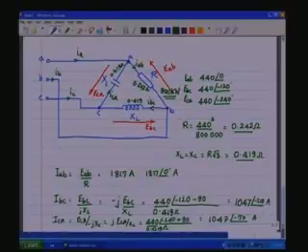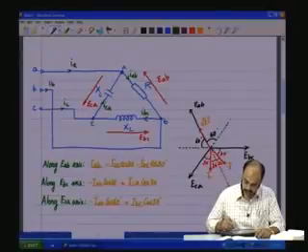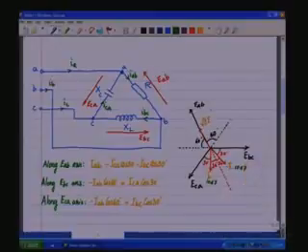Now, if these currents flow, then the projections of these currents, as we saw, are now at something like this. These are 1047 amps, and this is 1817 amps.